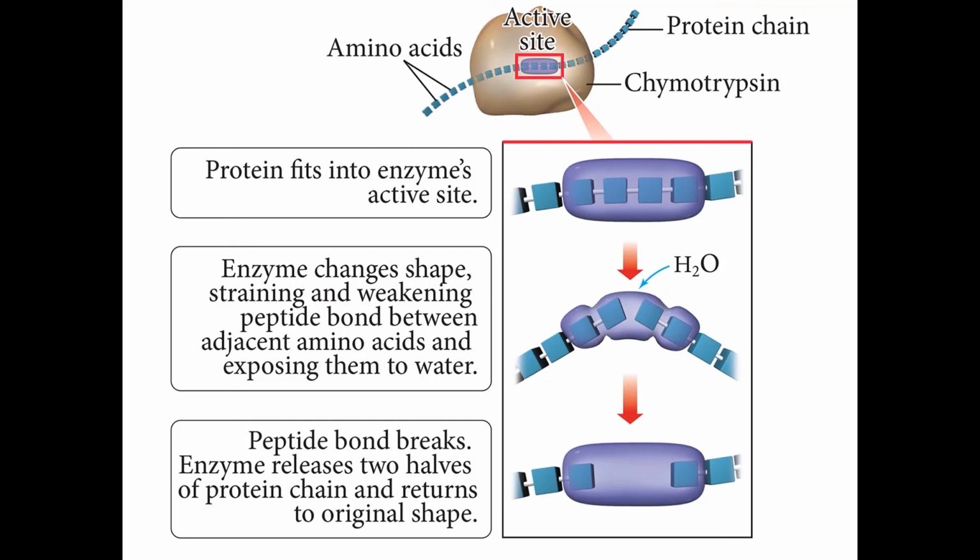That exposes them to water for a reaction called hydrolysis, or breakage by water, to happen. The bond breaks, the enzyme releases the two halves of the protein chain, and then returns to its original shape. So that is a little cartoon of how an enzyme would work.